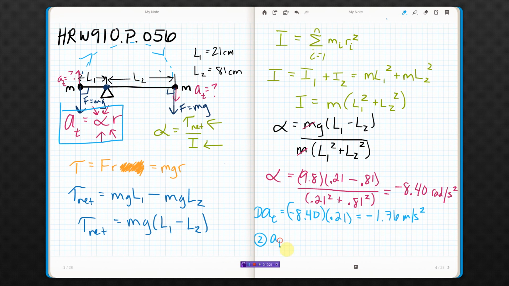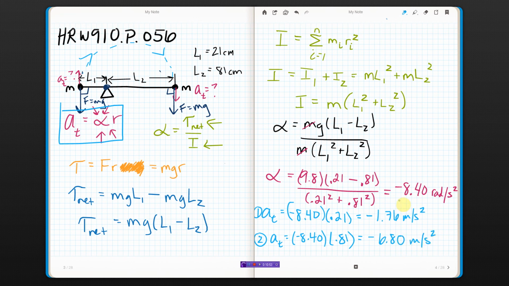Alpha times 0.81 gives me negative 6.80 meters per second squared.